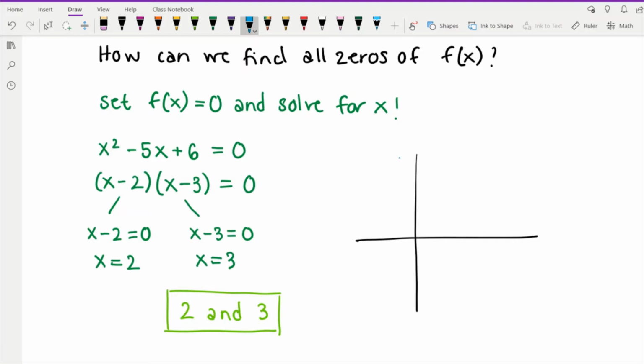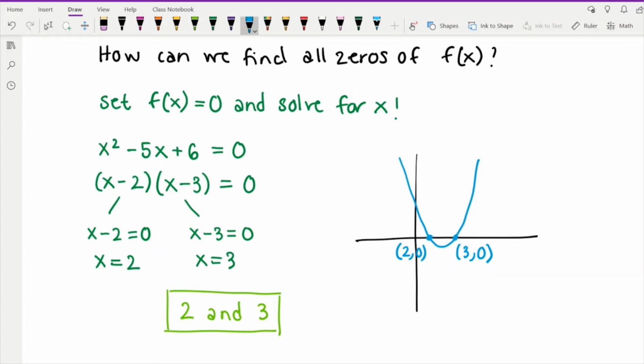For example, for this function, it would look something like this. And so these 2 points where the graph crosses the x-axis, those are called the x-intercepts, right? For this function, those x-intercepts would be the point (2, 0) and the point (3, 0). So when you talk about the zeros of a polynomial, those would just be the x values.